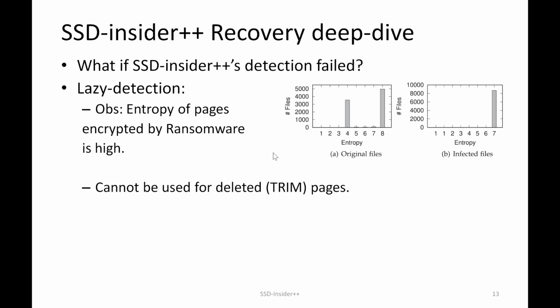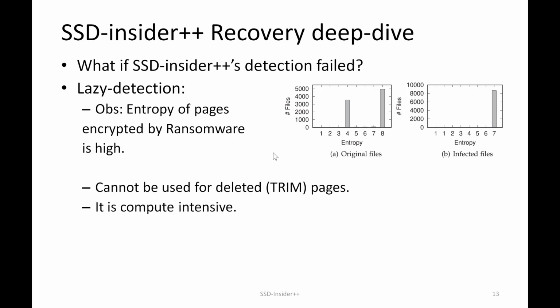So this entropy based detection can be used to do some recovery, but there is a limitation here: the pages that have been deleted using the trim command will not have an entropy, because only one entry will be there. Their old original file values will be there, even if not deleted by the garbage collector, but they cannot be compared with, right?